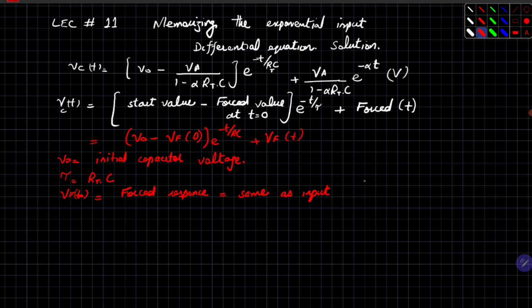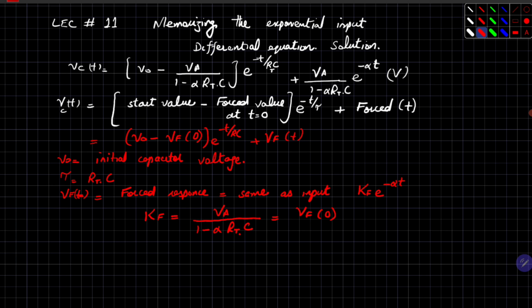And what is our input? That is kf e raised to power minus alpha t. You know from the previous lecture that kf equals Va, meaning its maximum voltage, over 1 minus alpha R Thevenin times C. So this is basically equal to Vf at time t equals 0.